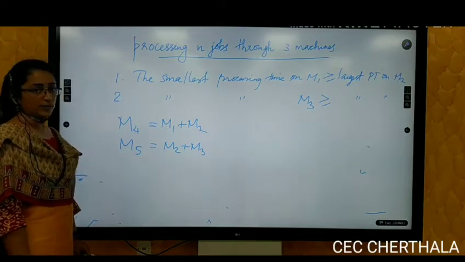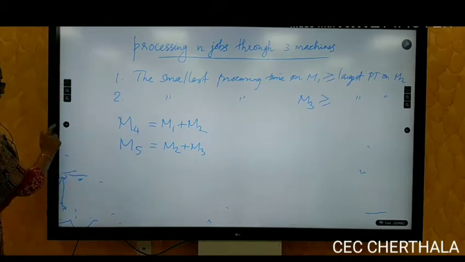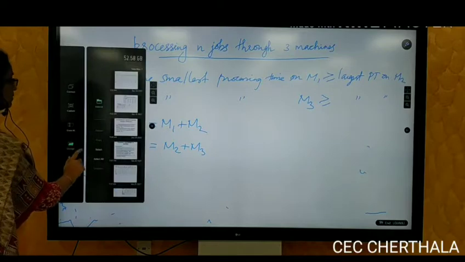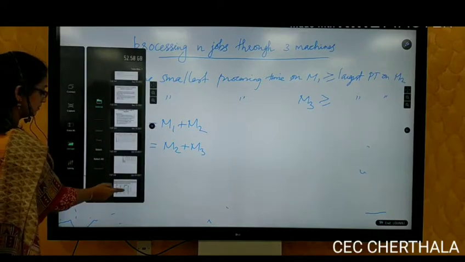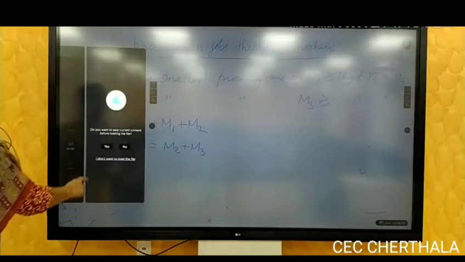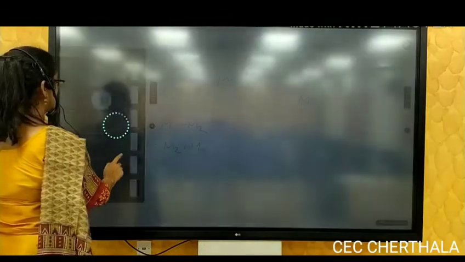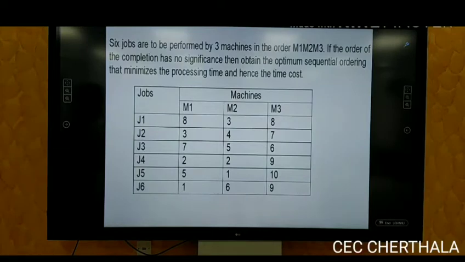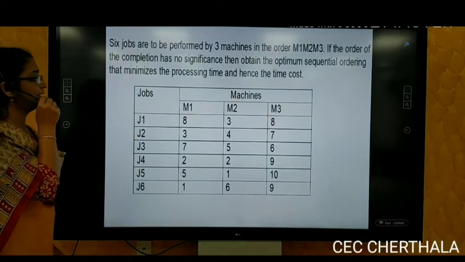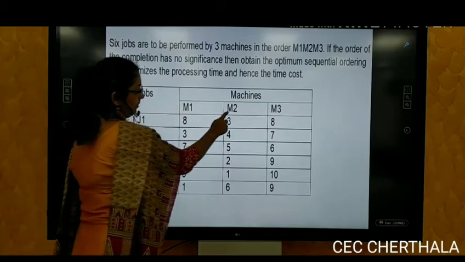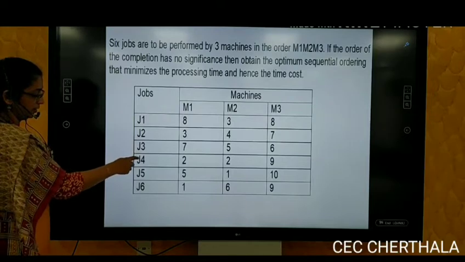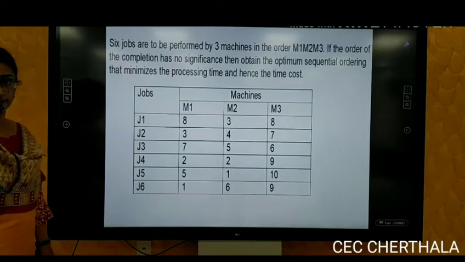Now, let us discuss one problem. Okay, this is the problem. Here we have three machines, M1, M2, M3 and 6 jobs, J1, J2, J3, J4, J5, J6.